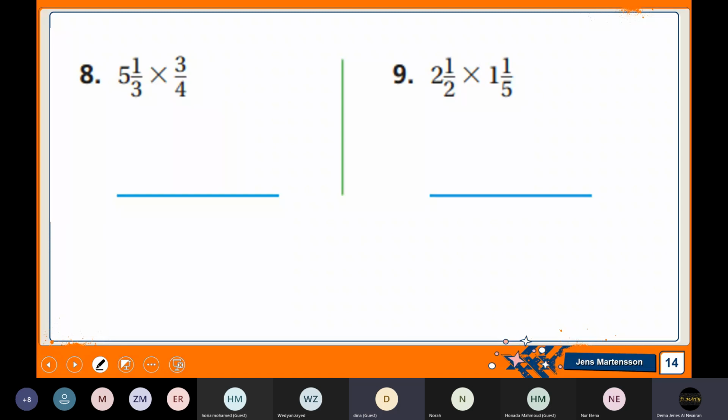5 and 1 over 3. How to rewrite it as a fraction? You will multiply. First of all, where is the denominator here? Denominator 3. Bravo. Then what will you do next?